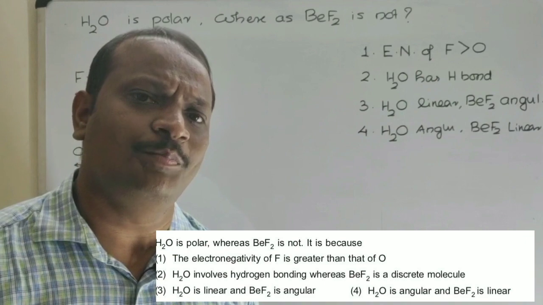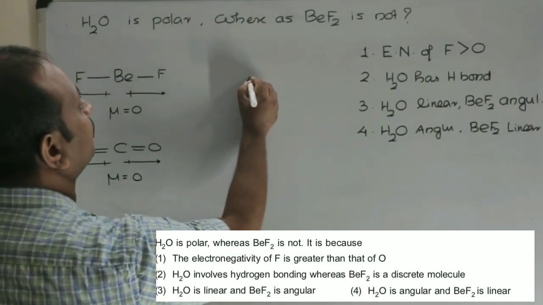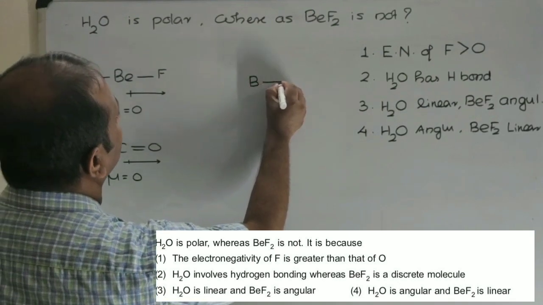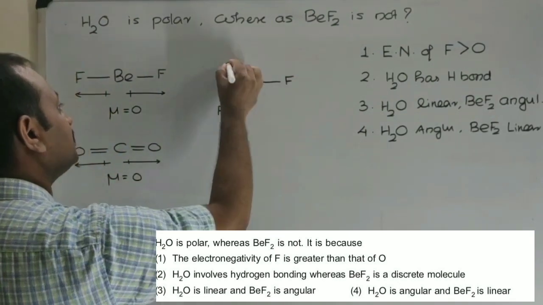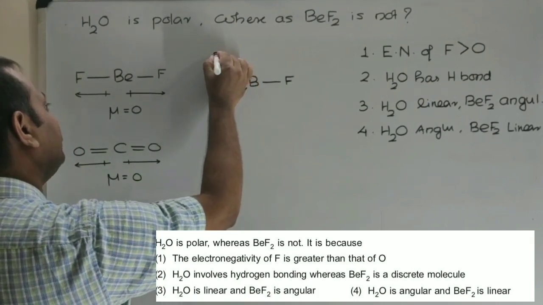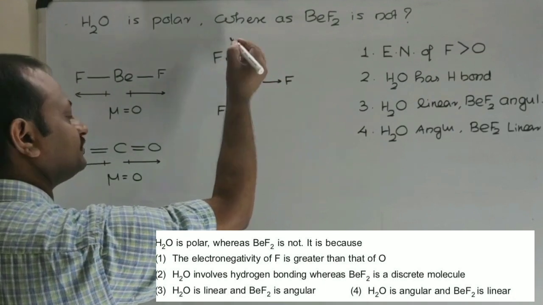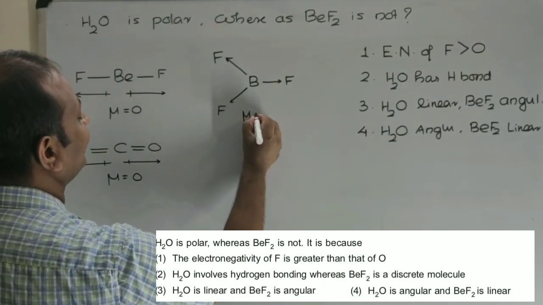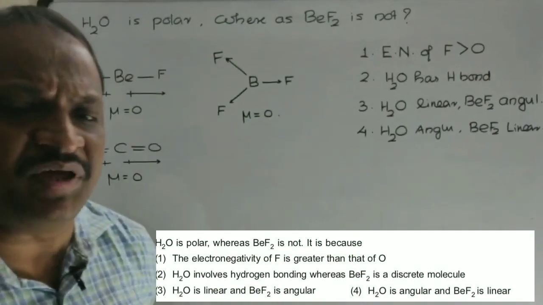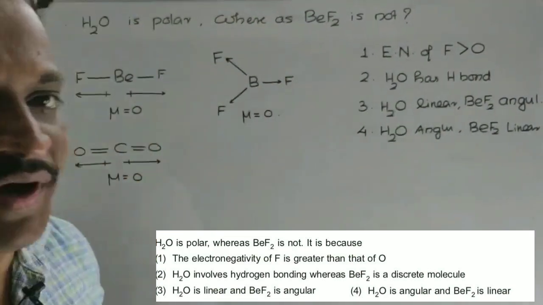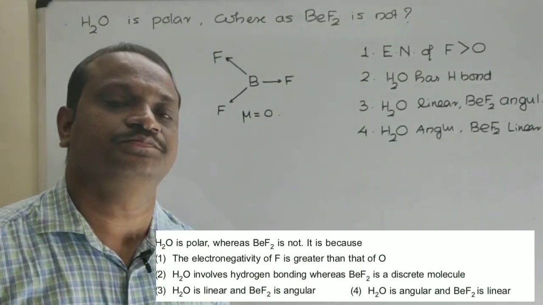Say for example, we have BF3. In BF3, what about the dipole moment? See, in BF3, there is no lone pair. It's a symmetrical structure, so everything will cancel each other. The dipole moments are in opposite manner like this, so dipole moment in this case also equals 0. Dipole moment in BeF2 is 0. Dipole moment in carbon dioxide equals 0. Dipole moment in BF3 equals 0.